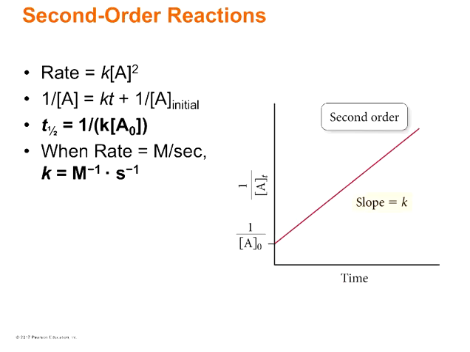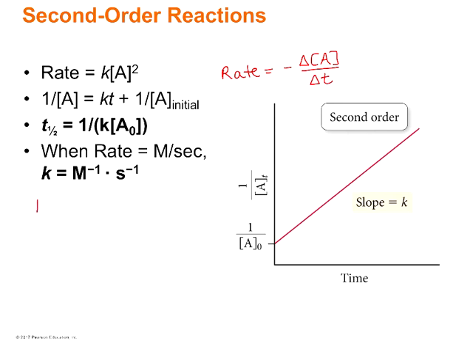All right, last but not least, second order reactions. So for this reaction, again, we can find the integrated rate law by the fact that the rate is equal to a rate constant times the concentration of A squared. But additionally, the rate, again, is equal to the negative change in concentration of A over the change in time.